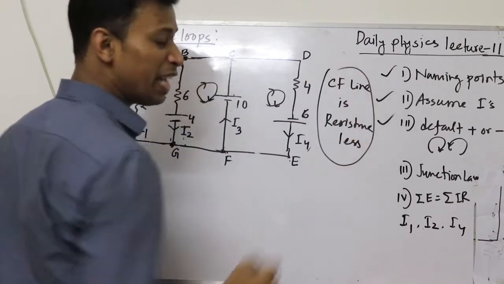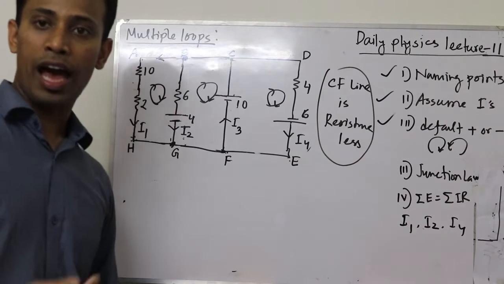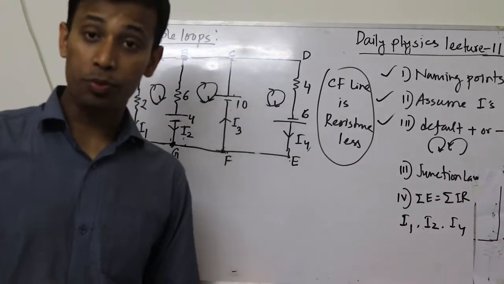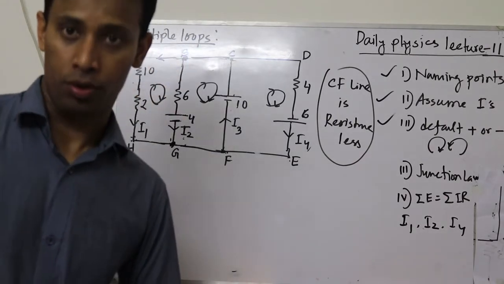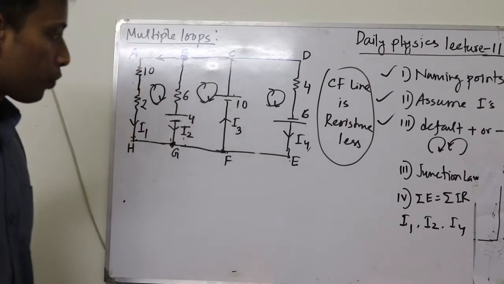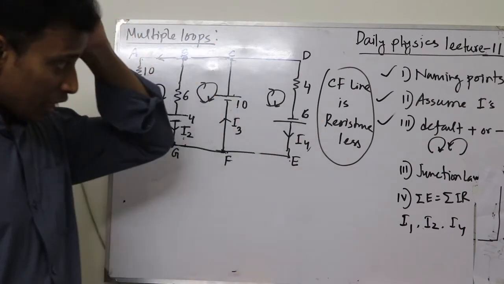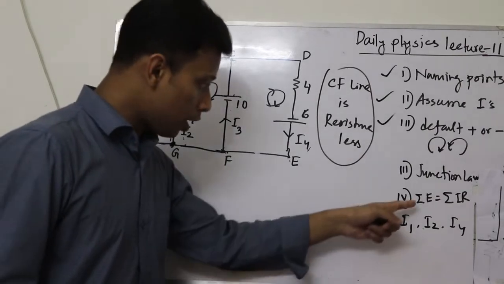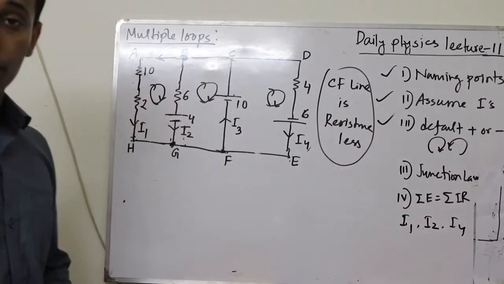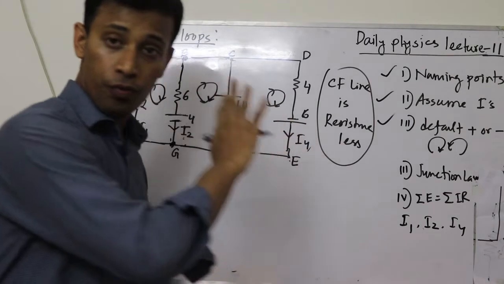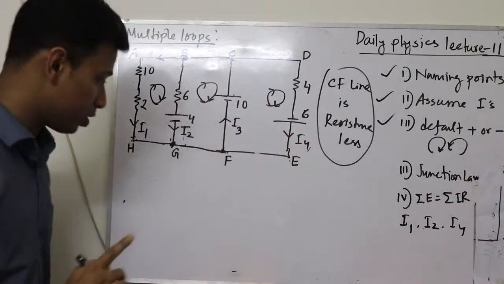As this CF line is resistanceless, we have to take this CF line as common. So let's use the junction law. I will use the junction law later. I will go through summation of E equals summation of IR as the last step. Why? I will tell you later.